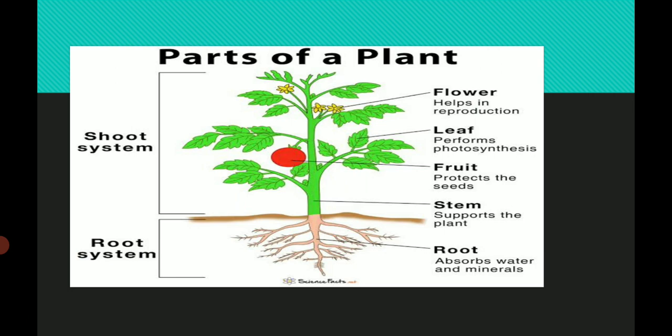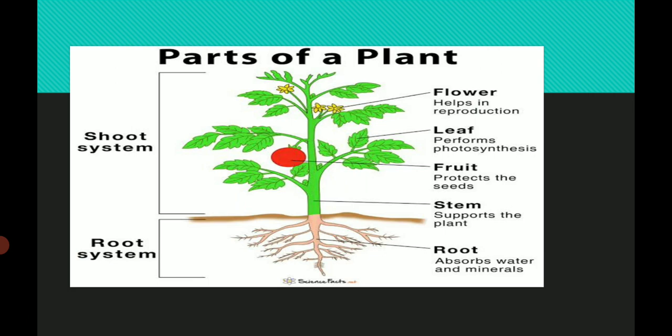Whichever parts are located below the ground are known as what? Root system. Root system is not visible to us because root is located where? Below the ground. And parts of a plant located where? Above the ground.